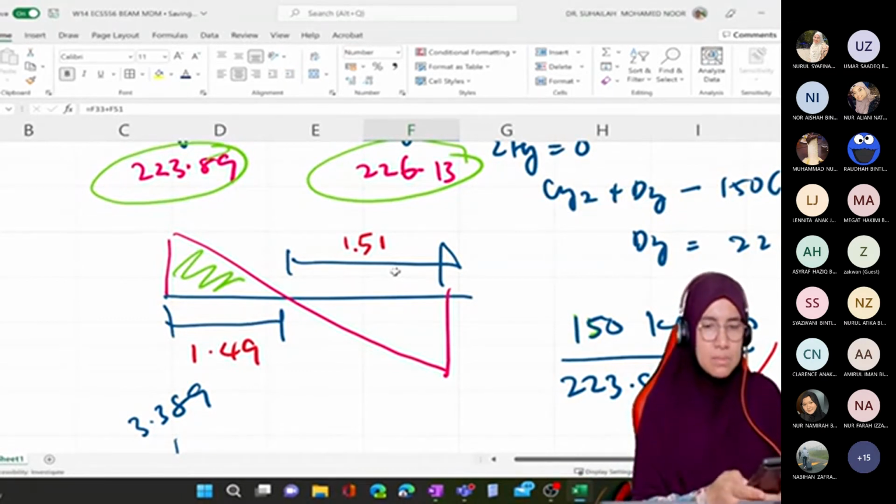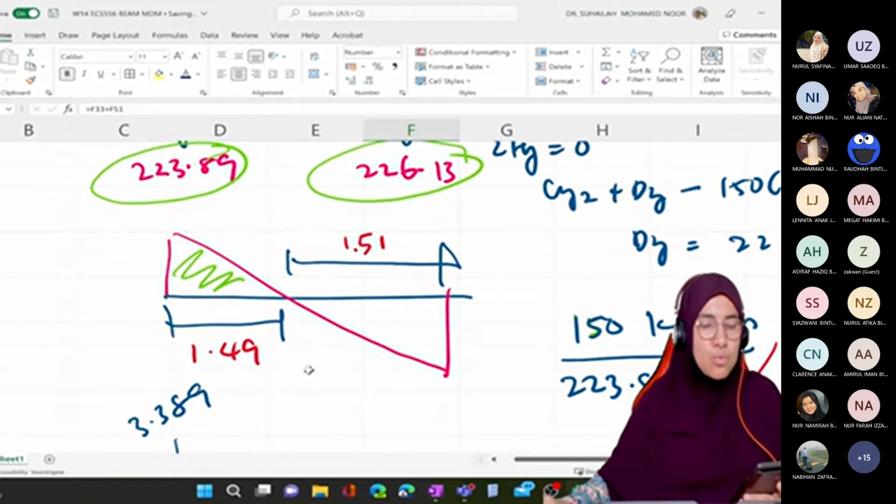It is 3.389 plus 0.5 times 223.89 times 1.49.